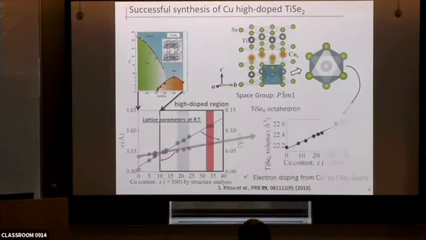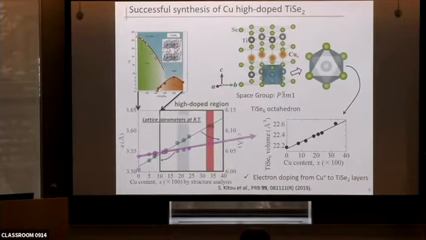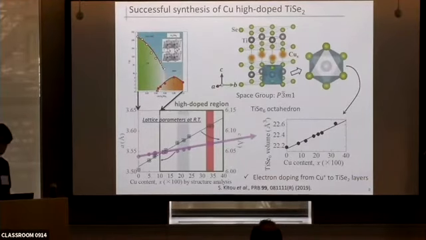In addition, the a-axis change is important. As a result of the structure analysis, the volume of the titanium selenide octahedron increases with increasing x. This result corresponds to electron doping from potassium to the titanium diselenide layers. In these samples, we found two new phases in the potassium highly doped region, x equal to a quarter and 0.33. Today, I'd like to focus only on the x about 0.33 region.